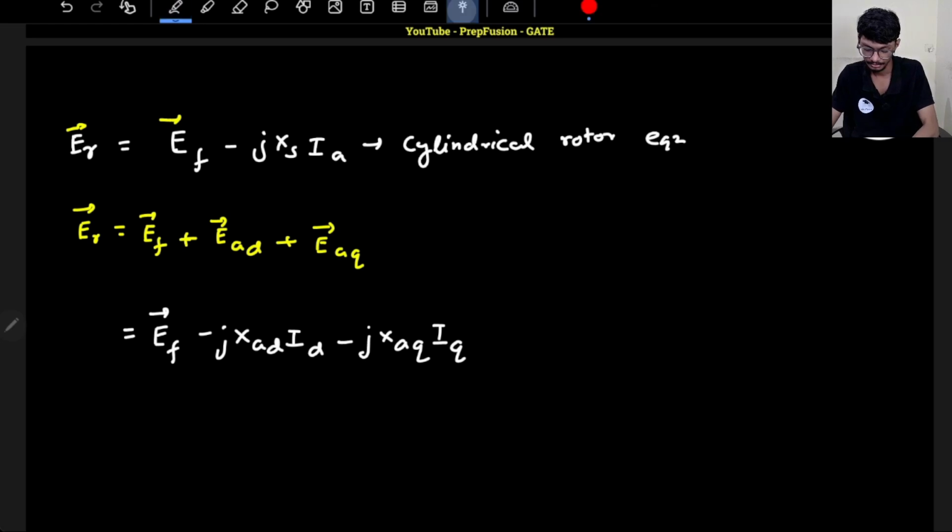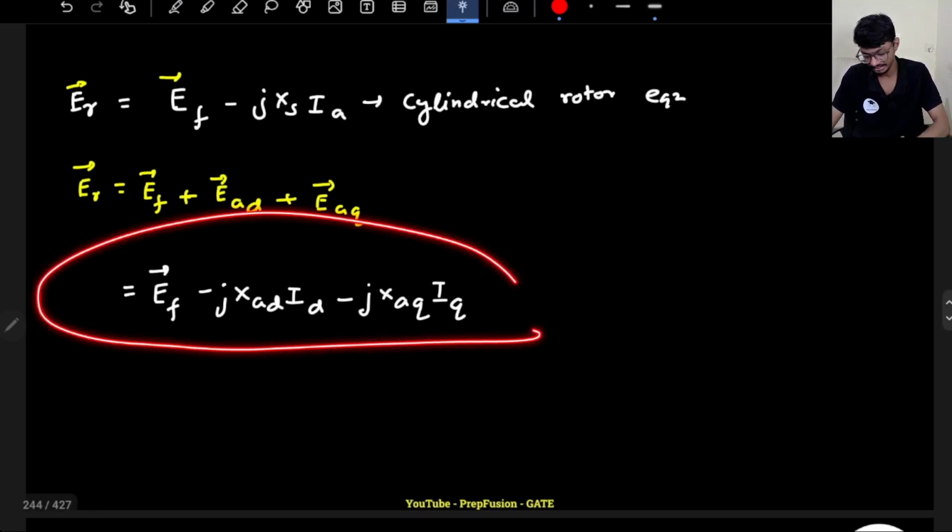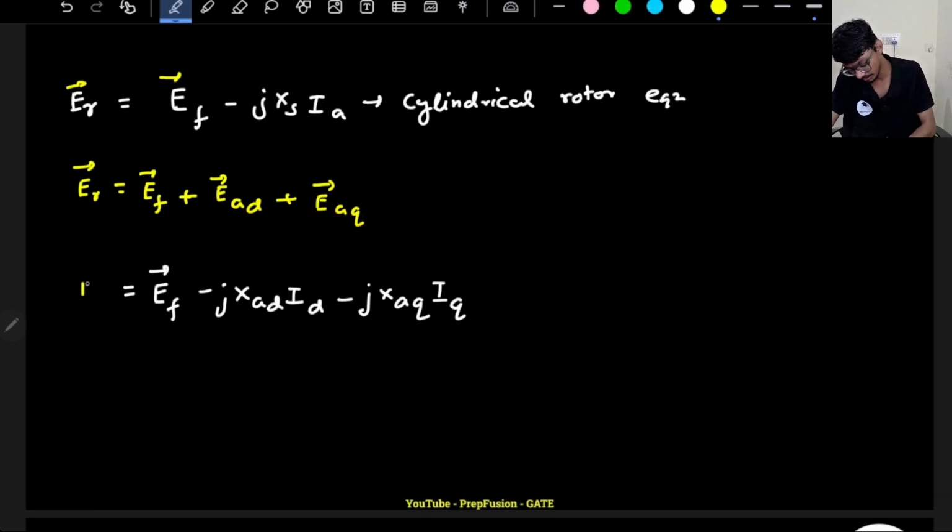So this will actually be the most important equation. Of course, still we have not discussed the armature resistance, which I will of course discuss.